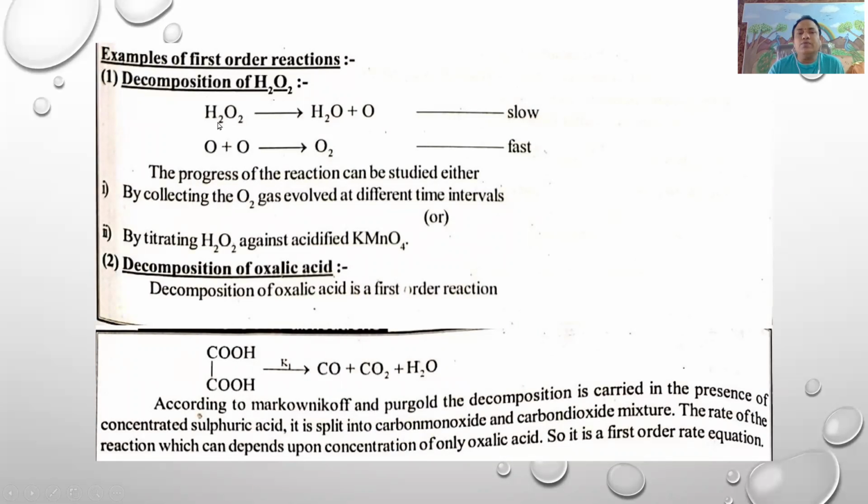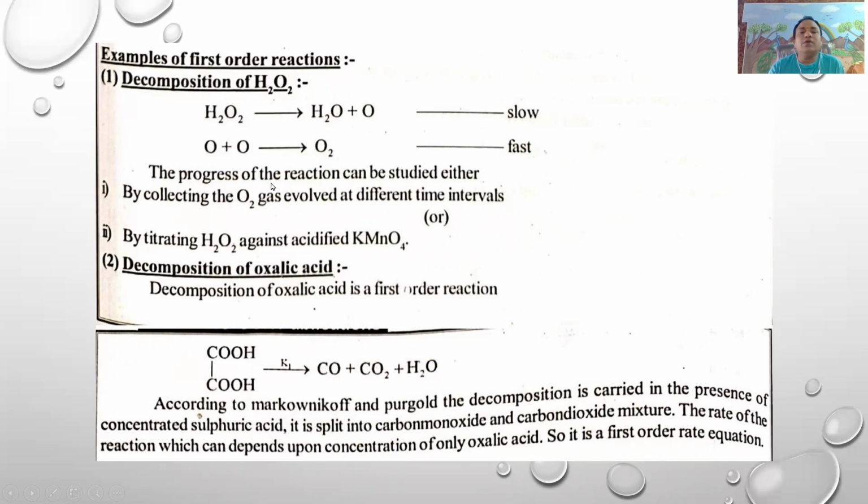In this reaction, first hydrogen peroxide decomposes to give water and nascent oxygen, which is a slow step reaction. This nascent oxygen combines with another nascent oxygen and liberates oxygen.